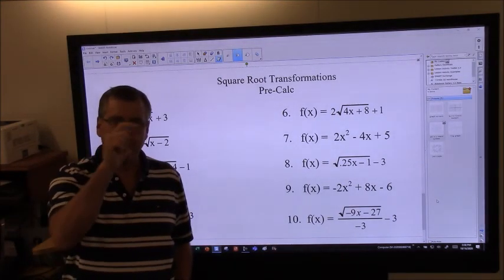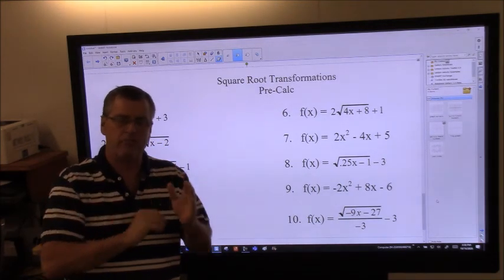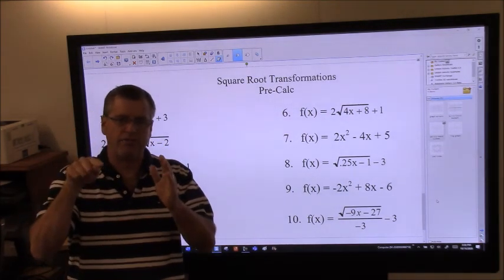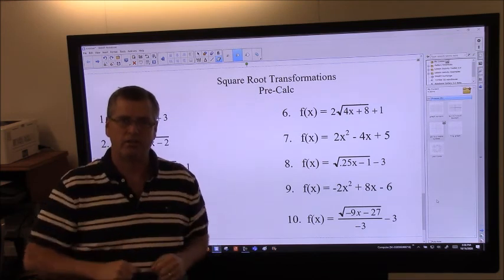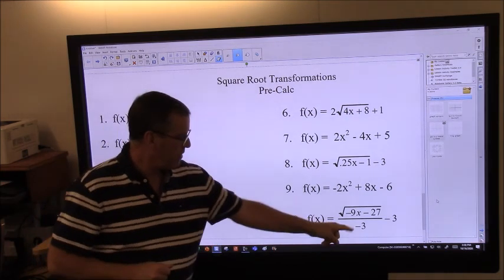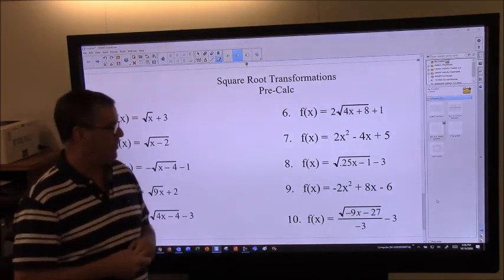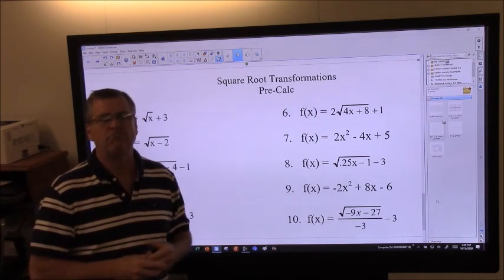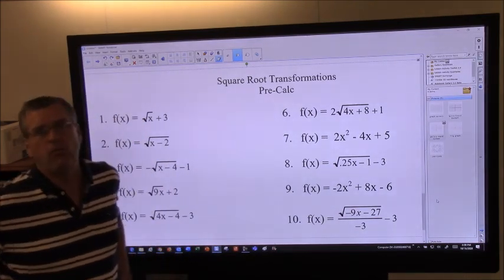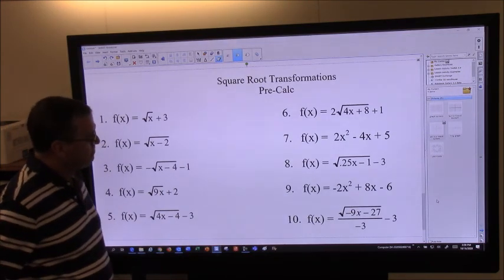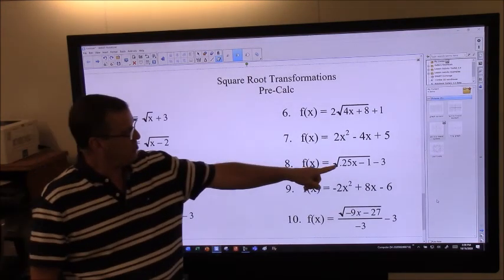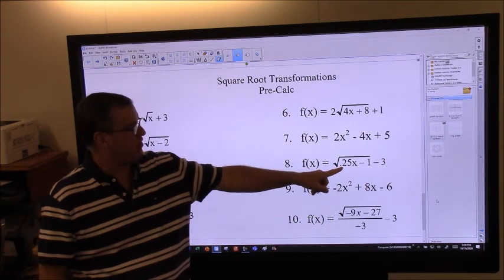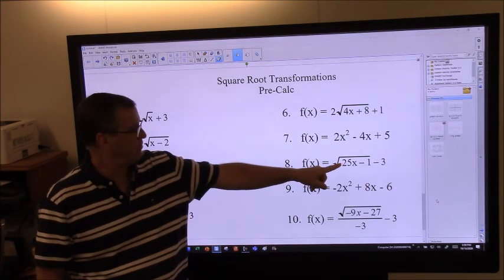But the word of means multiply in math, so that's the fraction 1/2 times whatever. So dividing by 3 is the same as multiplying by 1/3. Dividing by 5 is the same as multiplying by 1/5. Dividing by 2 is the same as multiplying by 1/2. All right? Also, a decimal number like this, you can think of that as a fraction if you want, but you don't have to. Think of it as 1/4.